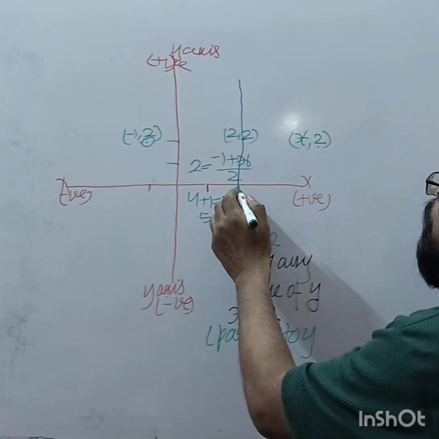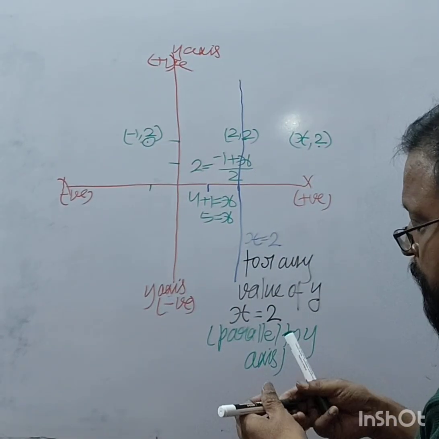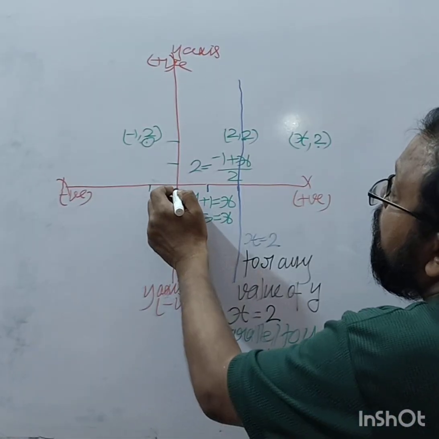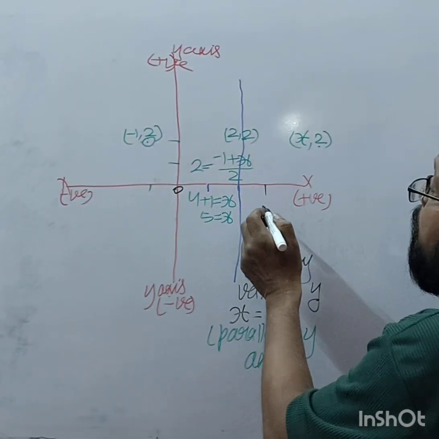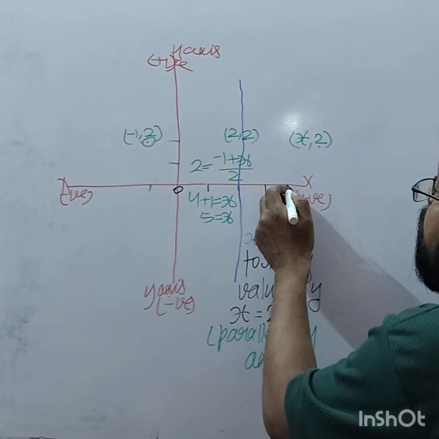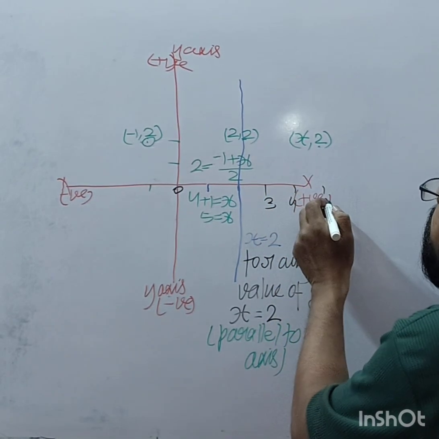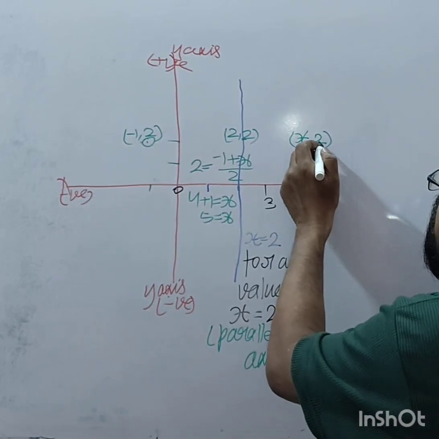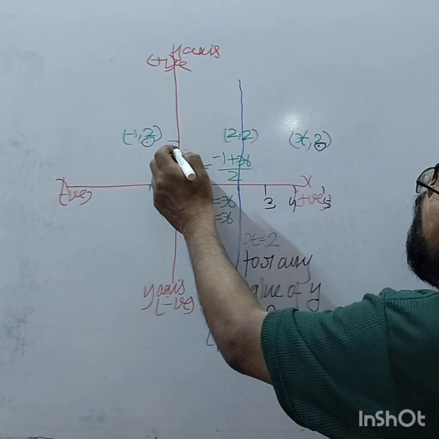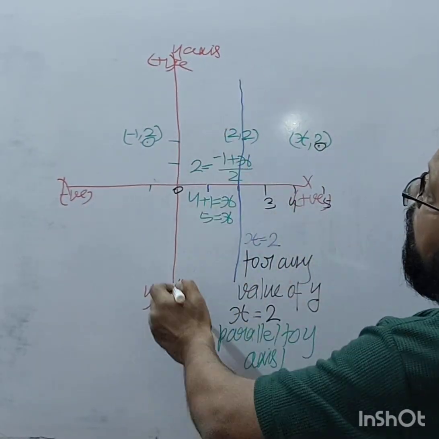So it will be, this was 2, this is 0 and 2, then 1, this is 3, this is 4 and here is 5. So this point will be here with reference to this line.